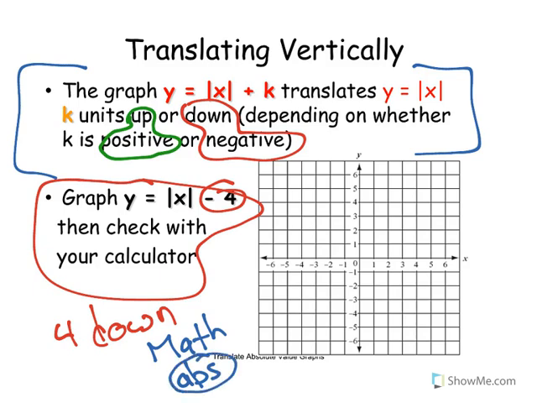You can also go to catalog. The catalog on your calculator is where every single function that your calculator has is. It's kind of like an index or a directory of everything. And you could go all the way down. Actually, it's not that far down to ABS. And sure enough, when you graph it as expected, it will look like this.